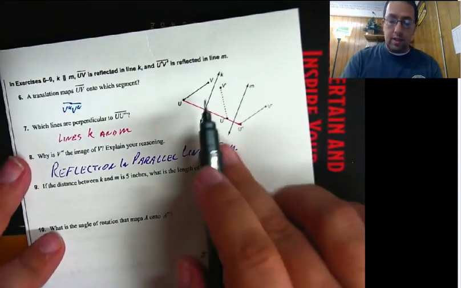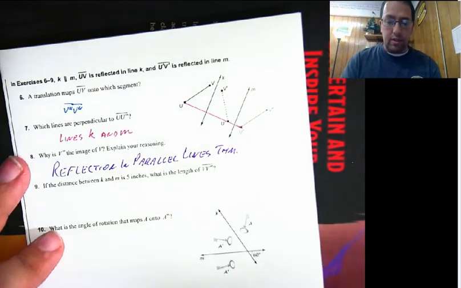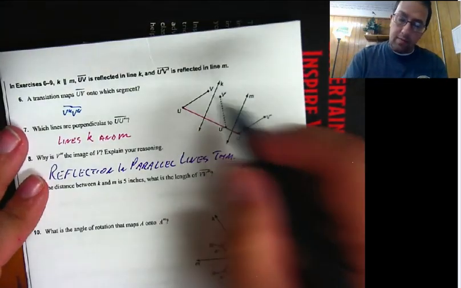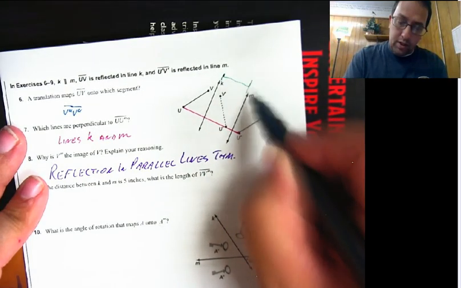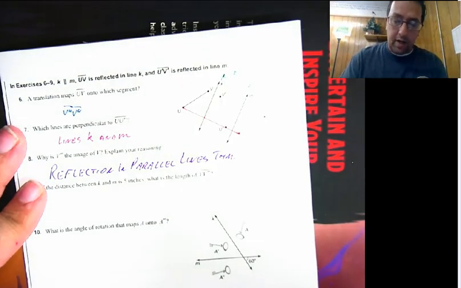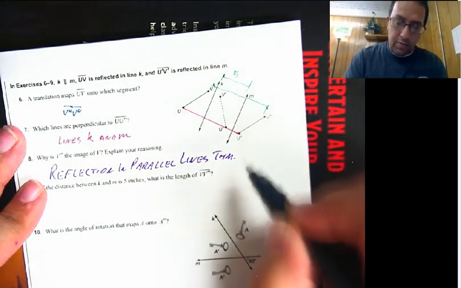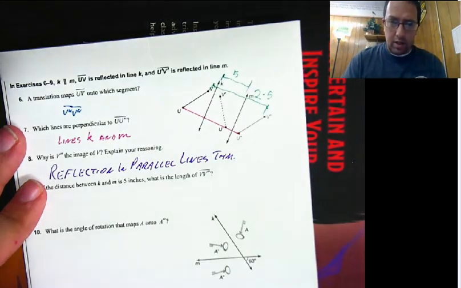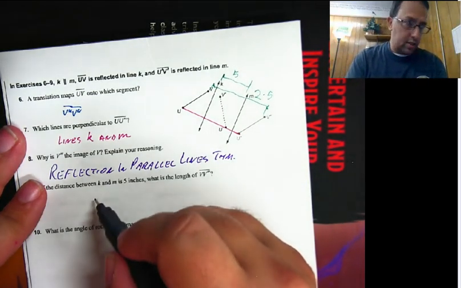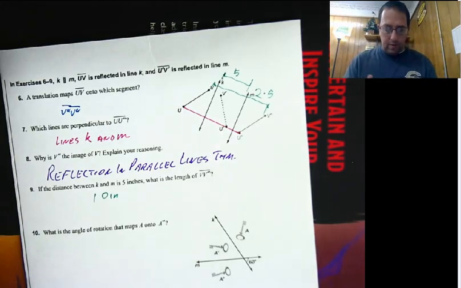Which means the distance from V to V prime prime is double the distance from K to M. So if this distance from here to here is 5 inches, from V to V prime prime is going to be 2 times 5 inches, and 2 times 5 inches is 10 inches. Not too bad. Pretty easy stuff.